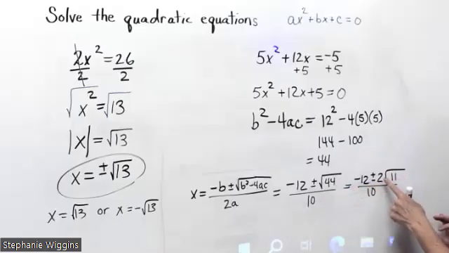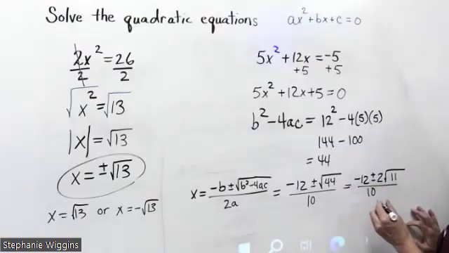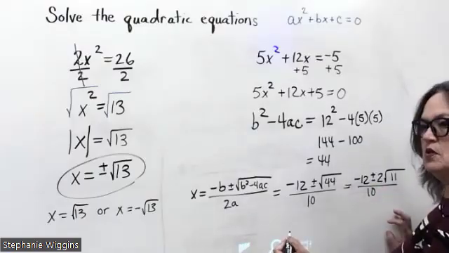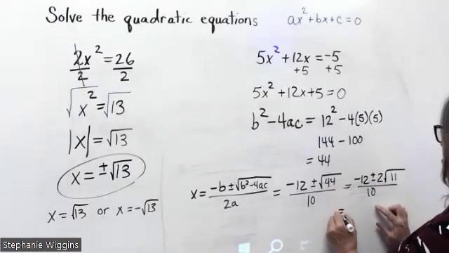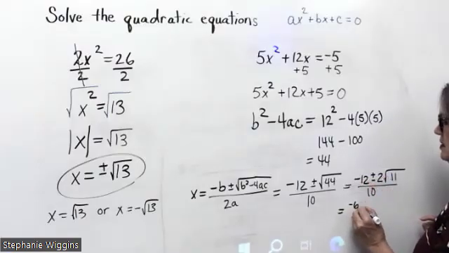And now the numerator can be factored by 2 and also the denominator. So bringing out that factor, I'm going to take out the 2 from each of these. So I'll be left with negative 6 plus or minus square root of 11 over 5.